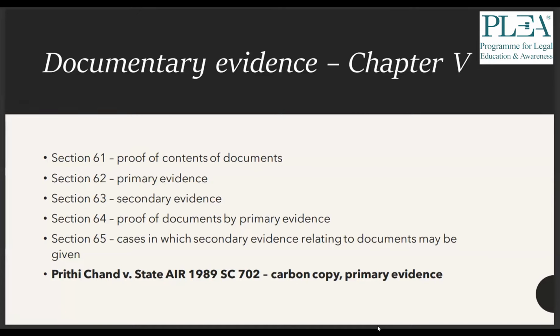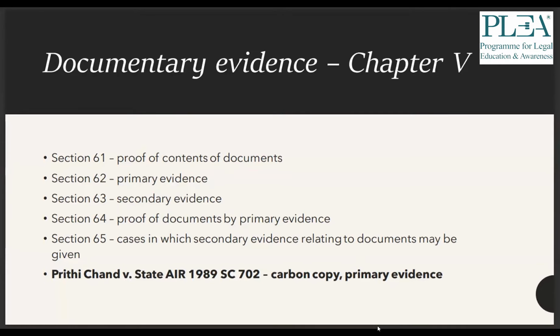Third is copies made from or compared with the original. Fourth is counterparts of documents as against parties who did not execute them. And lastly, oral accounts of the contents of a document given by some person who has himself seen it. So basically it could be a photograph, it could be a Xerox copy.